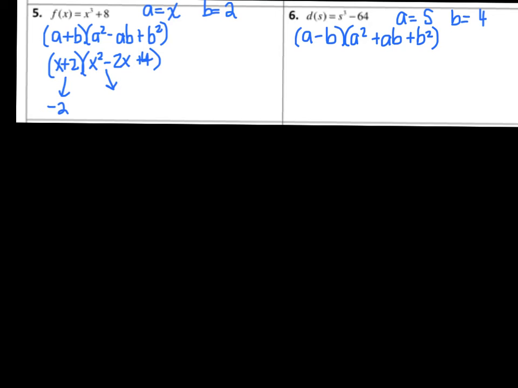And I really don't like using s's because it looks like a 5, but we'll go for it. (s minus 4)(s squared plus a times b plus b squared). That's factored. Solving, this is going to give me a solution at 4, if I want to write it as an ordered pair. This I'm going to have to do with the quadratic formula.